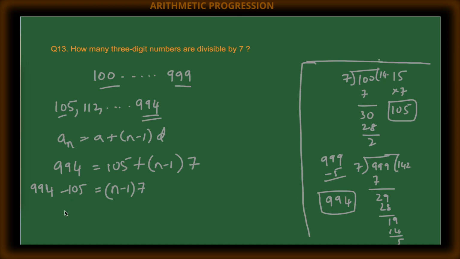If you subtract, it becomes 889 is equal to (n minus 1) into 7.